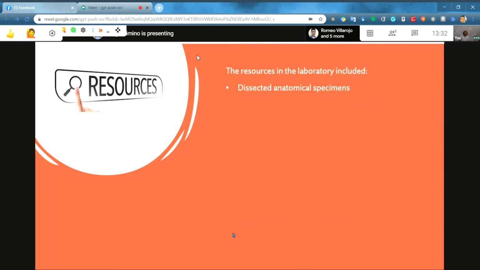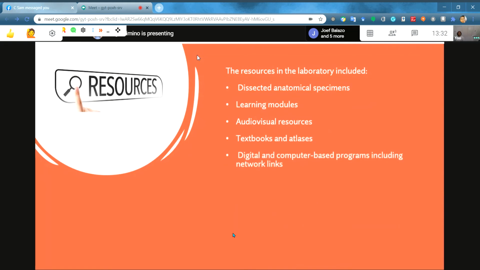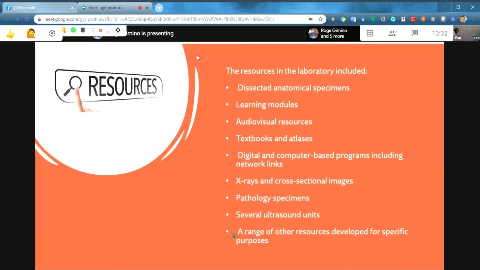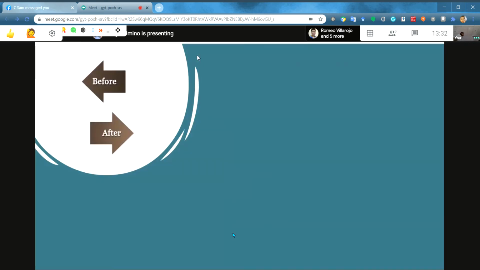So they have undissected anatomical specimens, learning modules, audio-visual resources, textbooks and atlases, digital and computer-based programs including network links, x-rays and cross-sectional images, pathology specimens, several ultrasound units, and a range of other resources developed for specific purposes.